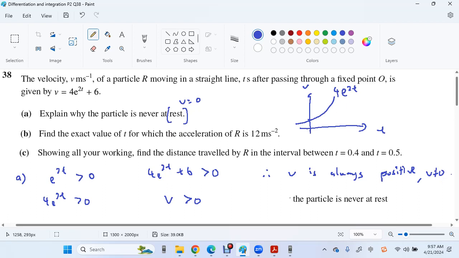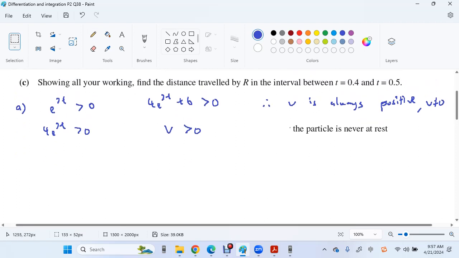B, find the exact value of t at which the acceleration is 12. So we need to know the relationship between v and a: a is dv/dt. So we have 8e^2t as the a.